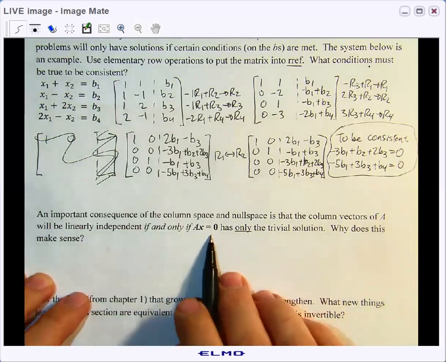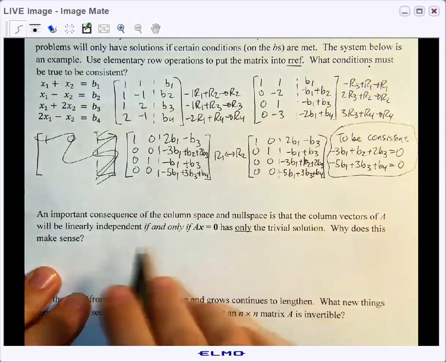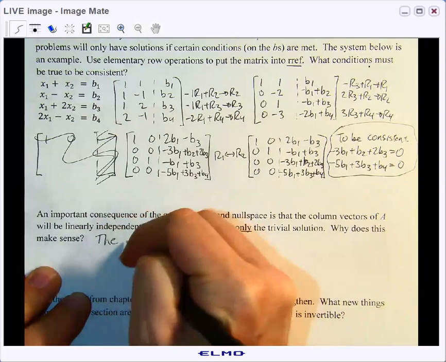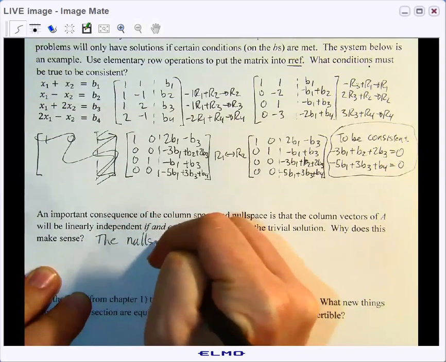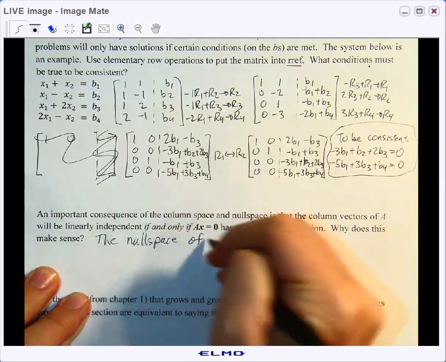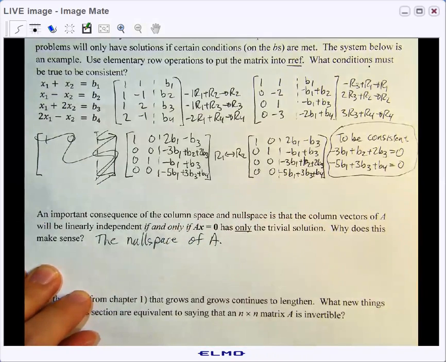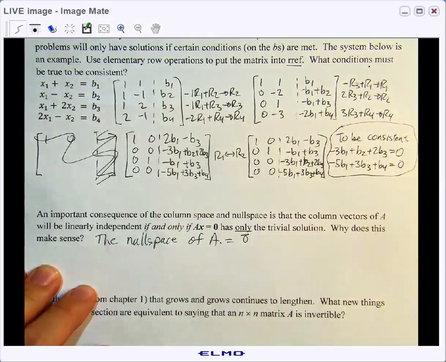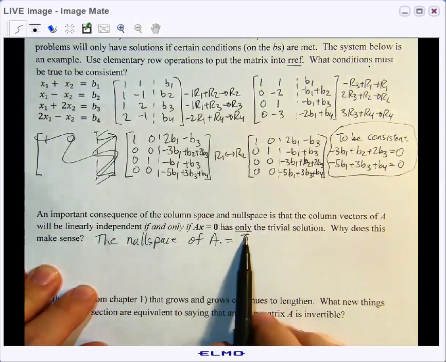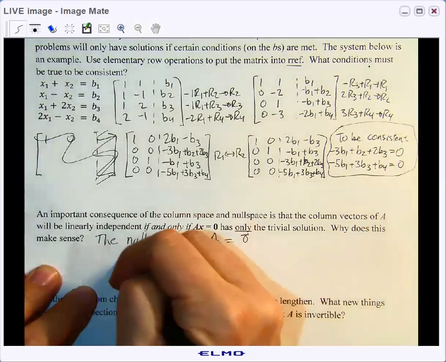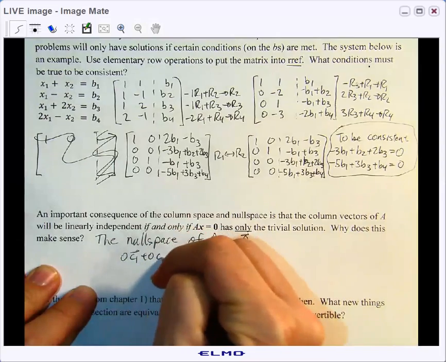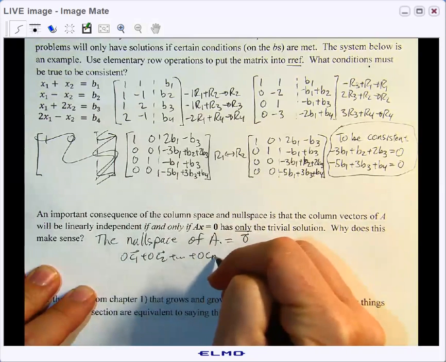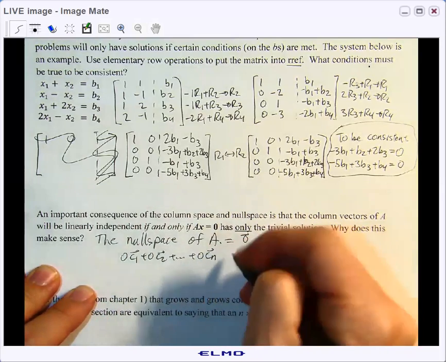So we're going to check to see if this guy has any other solutions, but AX equals 0 is just principally the null space of matrix A. But if the null space of matrix A is simply the origin, namely the 0 vector, that's the only way you can do it, then the only way you can make that is 0 of column 1 plus 0 of column 2 plus yada, yada, yada, plus 0 of column n vector.